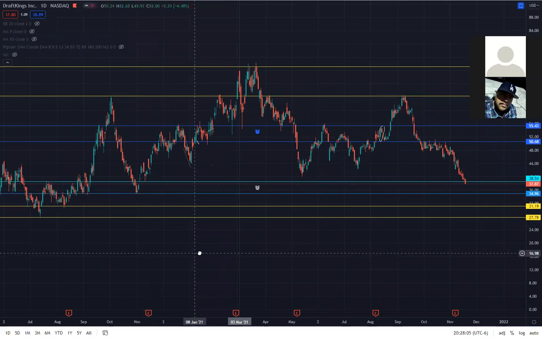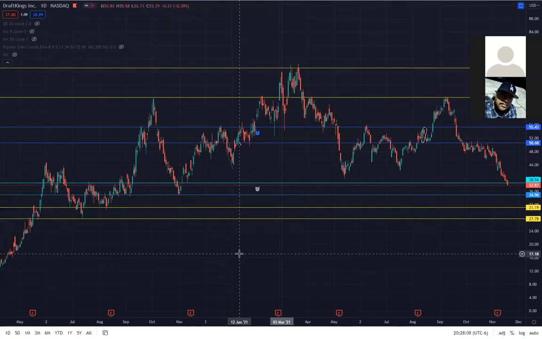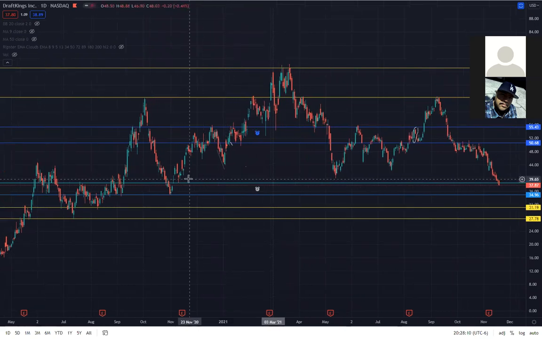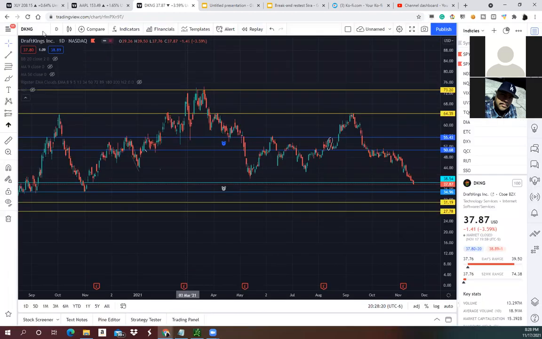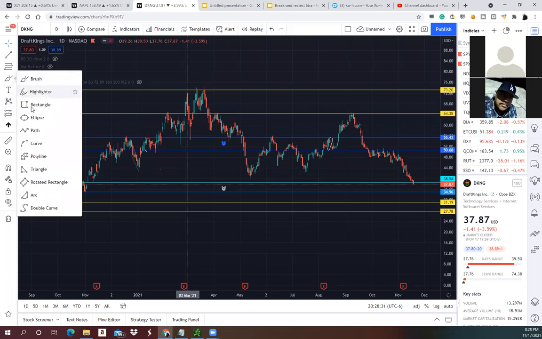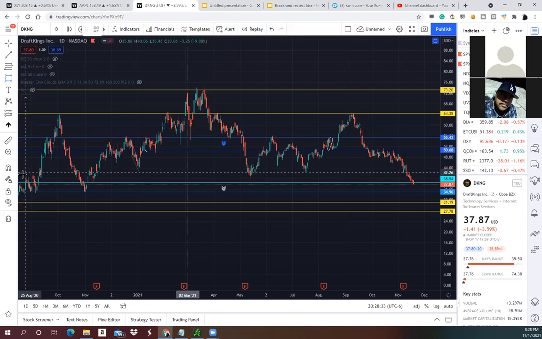Not only is it a key support area, but it's also an important area. Why? Because there's consolidation. So let me highlight this area for you guys and break down consolidation. So make a little square right here. Paste it right here.